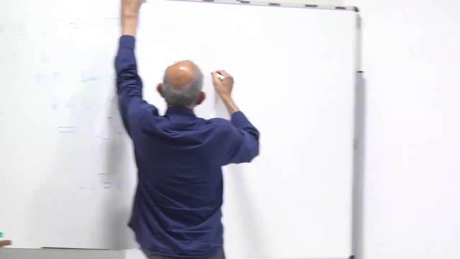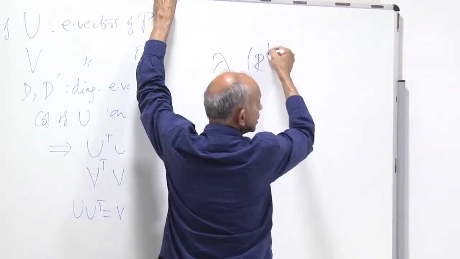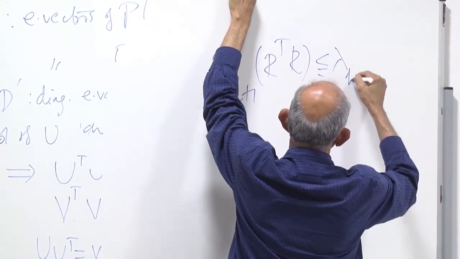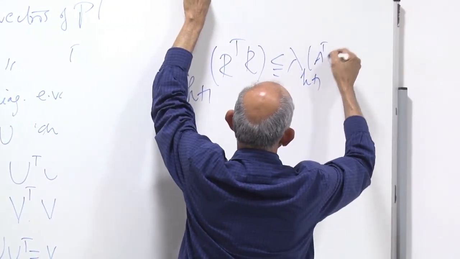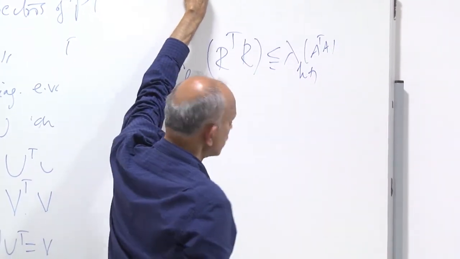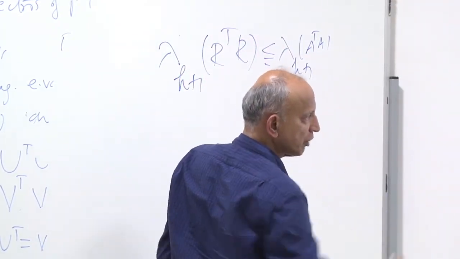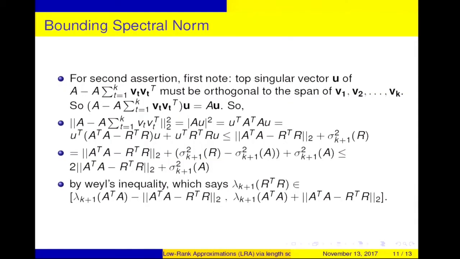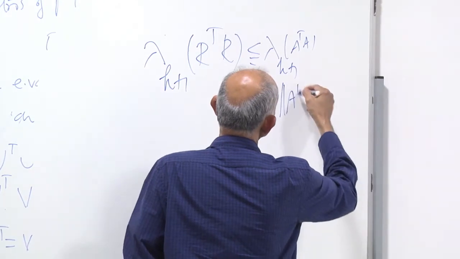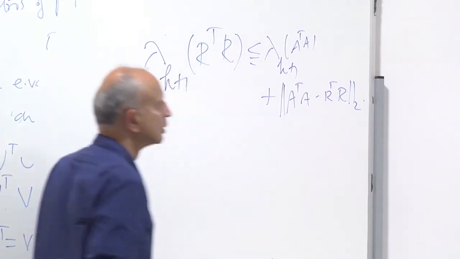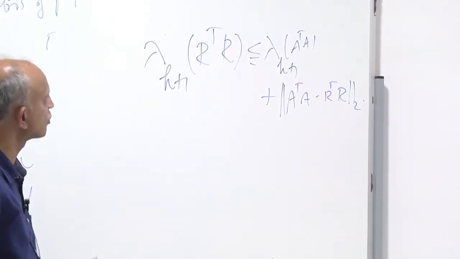It's saying lambda k plus 1 of R transpose R is less than or equal to lambda k plus 1 of a different matrix, A transpose A, plus the top eigenvalue of the difference, in absolute value. That is that side, and there's a symmetric inequality.